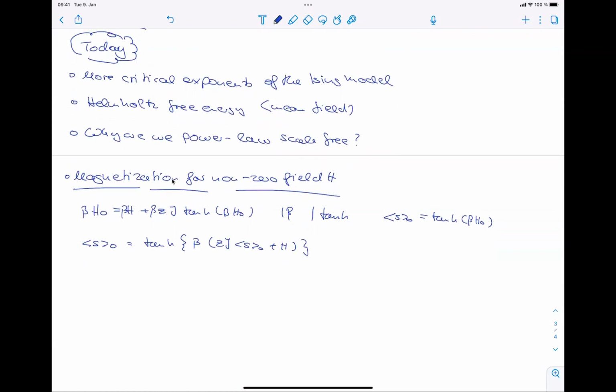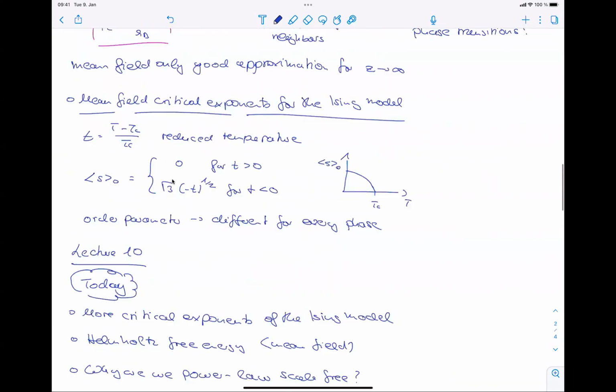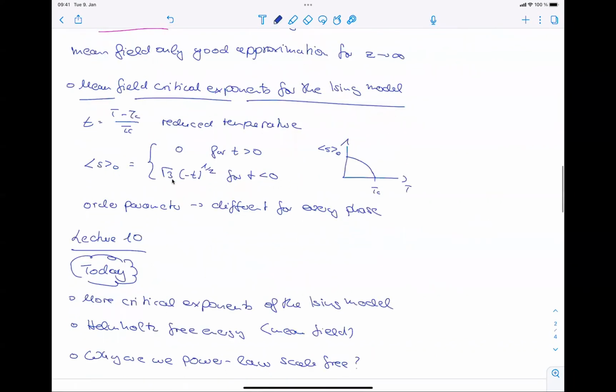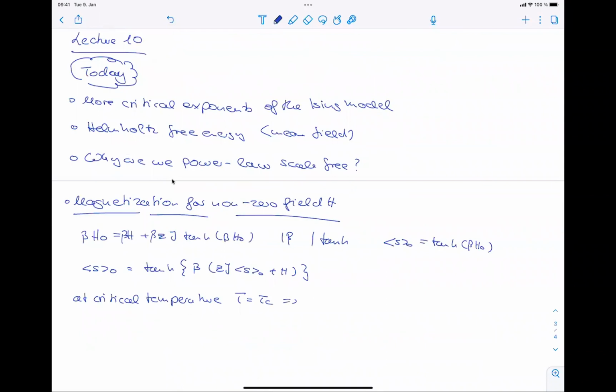Now we are interested in the magnetization for a non-zero field at criticality. So we do know the critical temperature. T is equal to Tc, and that means that I can write beta as 1 over Zj.